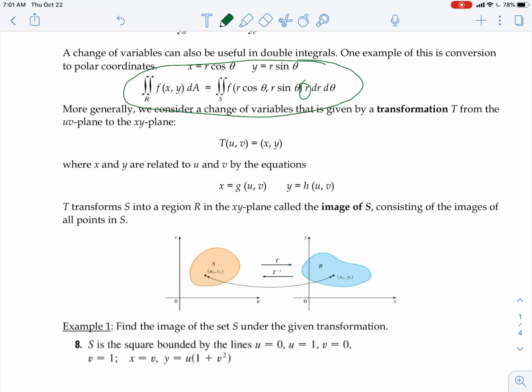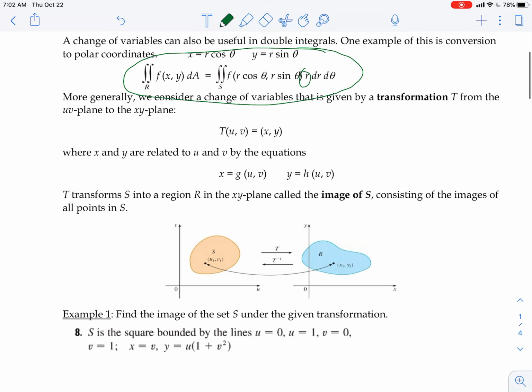That's something we're going to have to add on to the back end of all of these integrals as we work on them, and that's going to be the Jacobian. I'll talk a little more about that later.